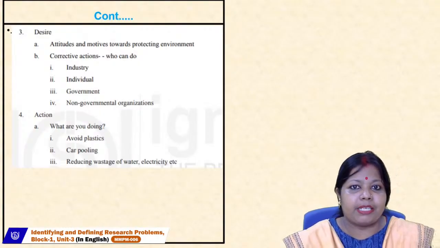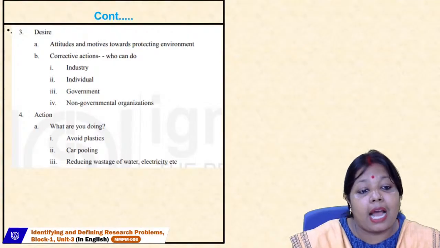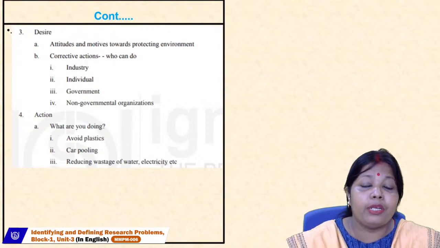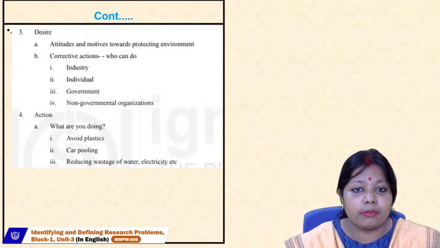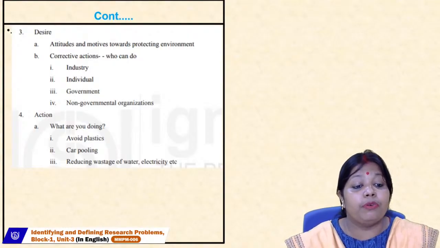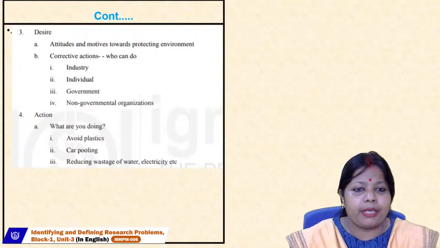Like the segments, we are addressing the reasons: are we going to avoid plastics to protect the environment? Is carpooling creating pollution or damaging the environment, and should we stop carpooling? Or will we go for reducing wastage of water or electricity, etc., to protect our environment?